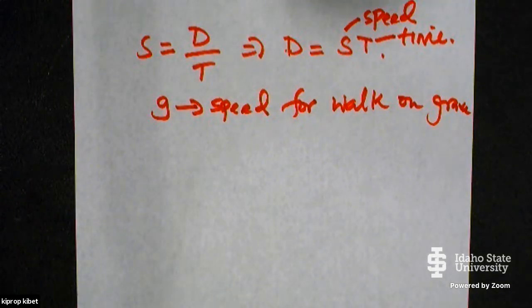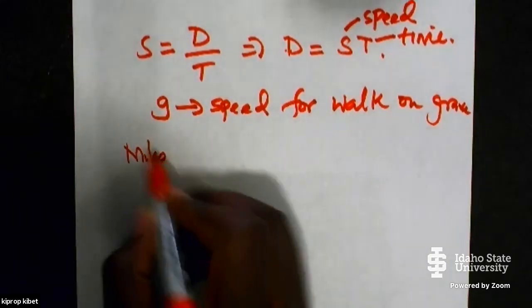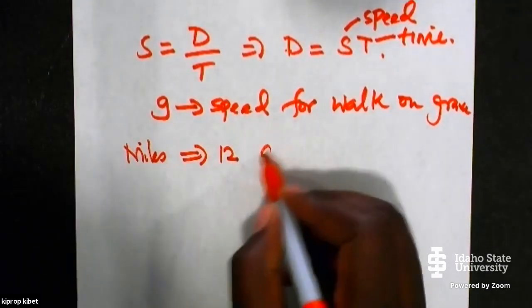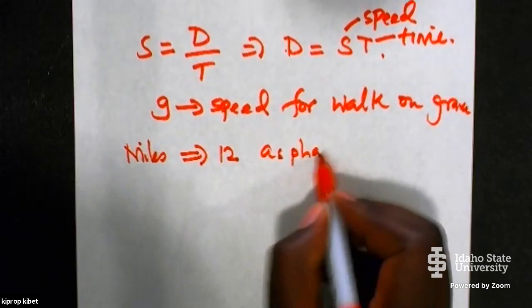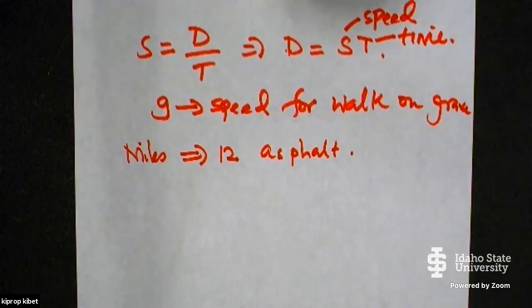So it says Nathan walks on the Alpha pathway for 12 miles. So the miles are 12, on the asphalt. He walked 12 miles back to his car on the gravel road through the forest.